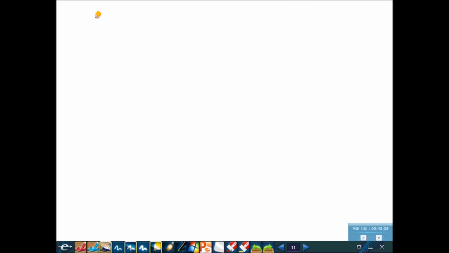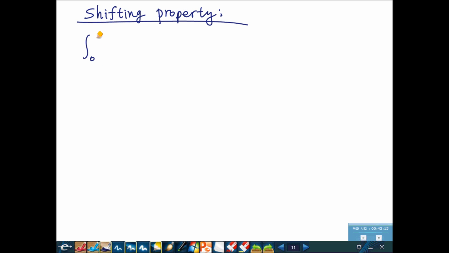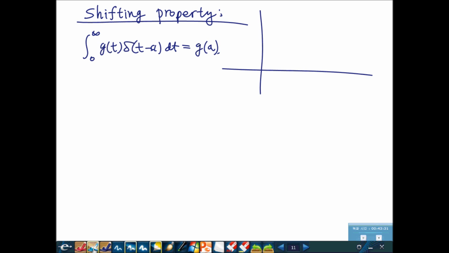One more property is this. Shifting property. Wow, shifting again? All right. Shifting, shifting, shifting. Laplace is really good at shifting, okay? What does that mean? The integral of g of t times delta of t minus a dt is g of a. All right. Let's draw it again. Let's say we have a function, any function, okay?